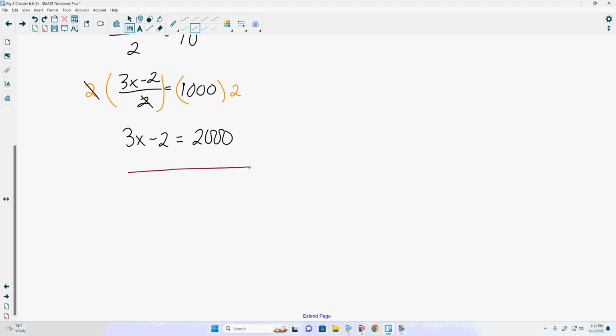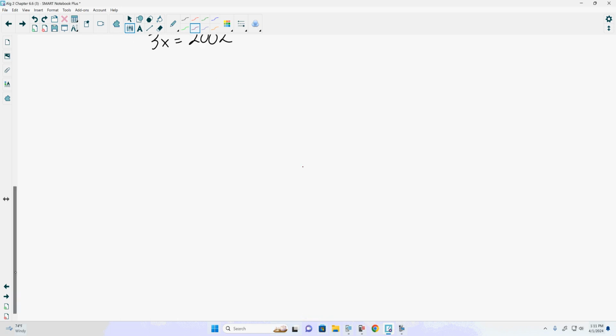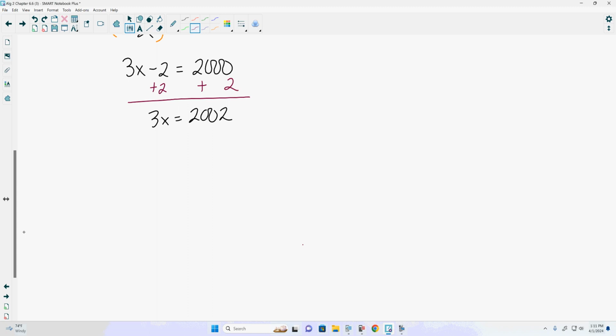So since it's just x, we can add 2, telling us 3x is equal to 2002. There we go. And lastly, we would divide by 3, telling us x is equal to 2002 over 3.